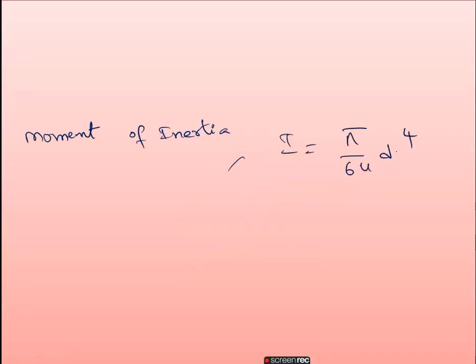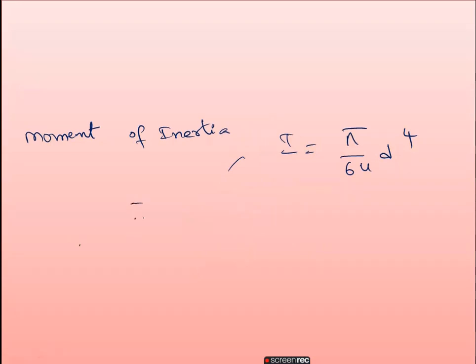Next, moment of inertia. The moment of inertia formula is I equal to pi by 64 into d power 4, because it is a cylindrical steel strut.